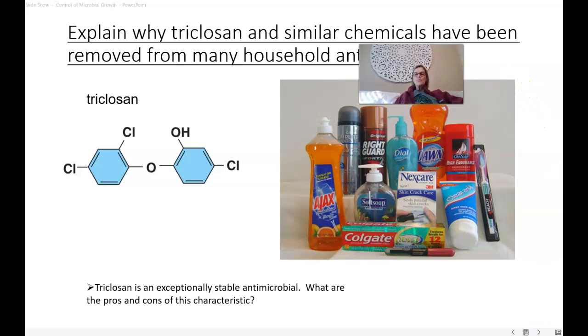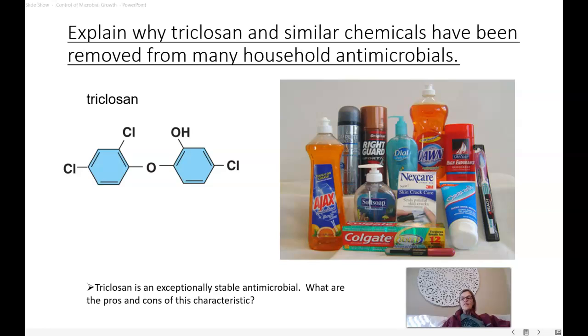There is a group of phenolic compounds, though, that made a real surge in their use, and I'm sure you remember these. These are all these antimicrobial products that came on the market. I don't know exactly when they came on the market, maybe the 1990s, around there, and we had all these different products that had what we know to be triclosan.